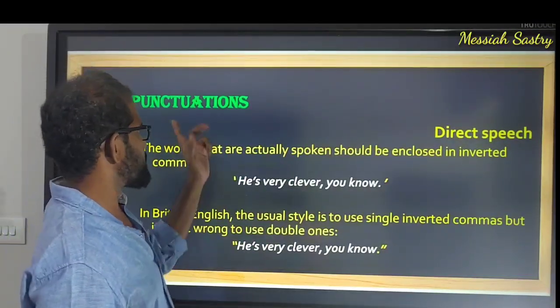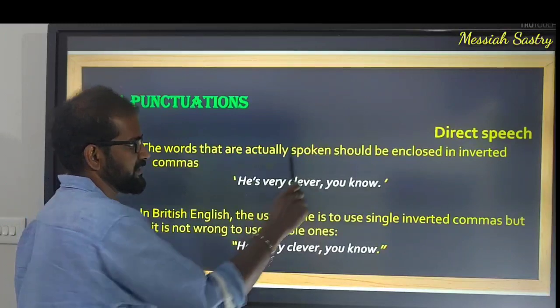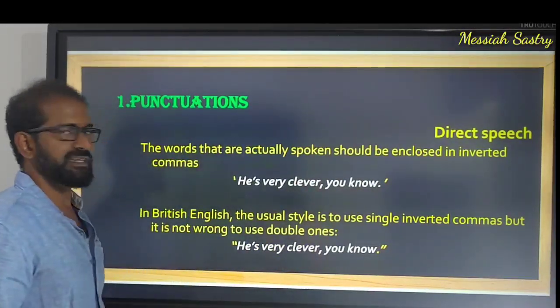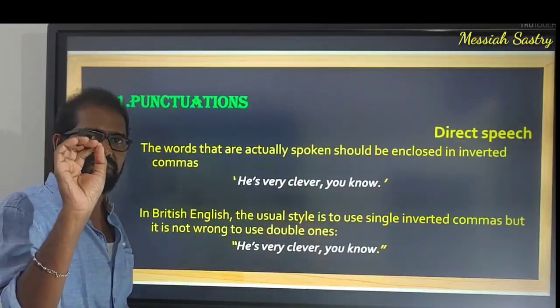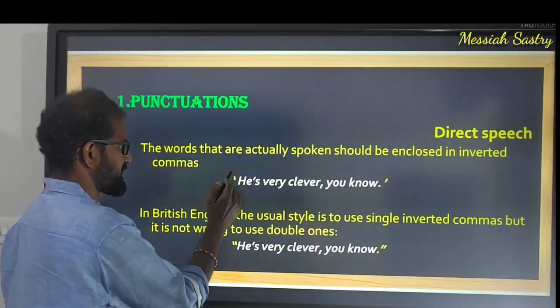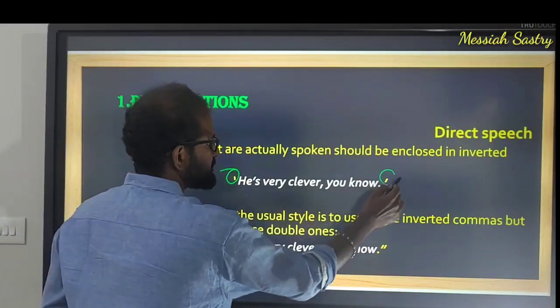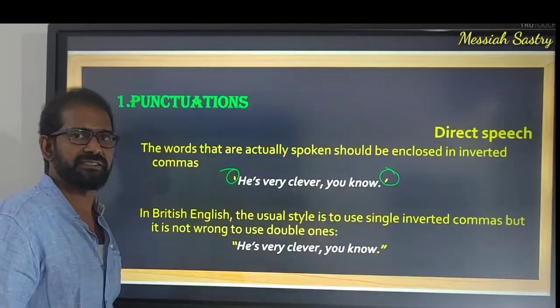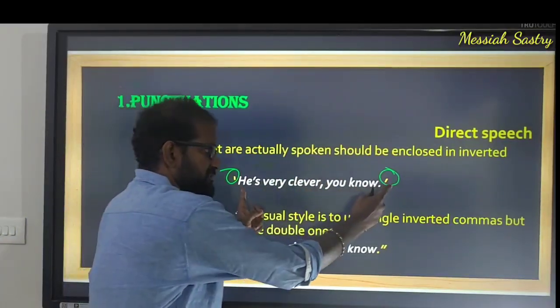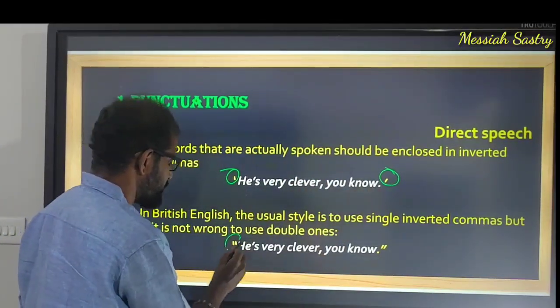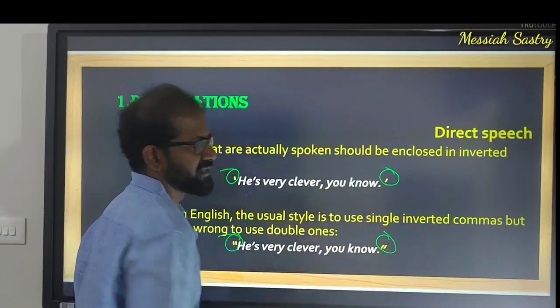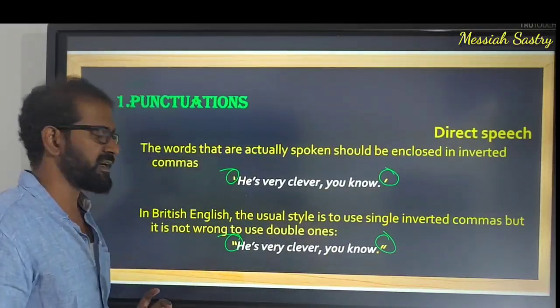First one, punctuations. When it comes to the direct speech, the actual words of the speaker must be kept in inverted commas. We can use a single inverted comma. You can even use double inverted commas.